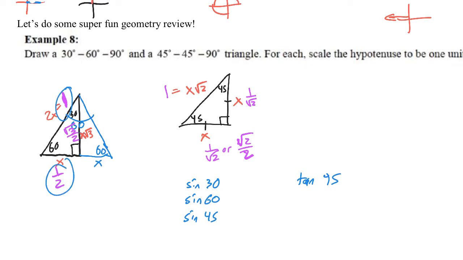So sine of 30 is a half. That's a really sloppy half. Sine of 60 is the square root of 3 over 2 over 1. So it's just the square root of 3 over 2. Sine of 45 is 1 over root 2 over 1. So it'd just be root 2 over 2. Tangent of 45 would be 1 over root 2 over 1 over root 2, so it would just be 1. It's so on and so on.